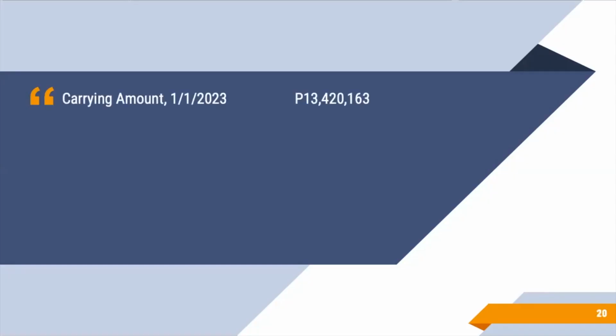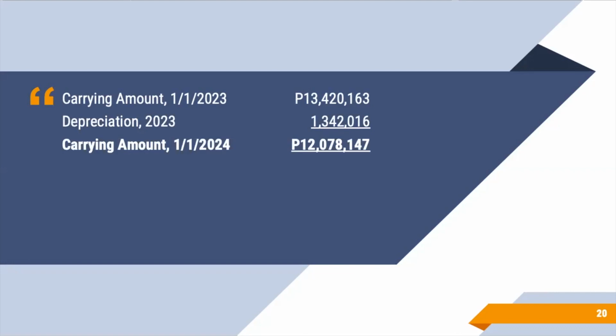So the carrying amount, as what we discussed on January 1, 2023, is 13,420,163. The depreciation, as what we computed, is 1,342,016 pesos. Therefore, the carrying amount on January 1, 2024 or December 31, 2023 is 12,078,147.